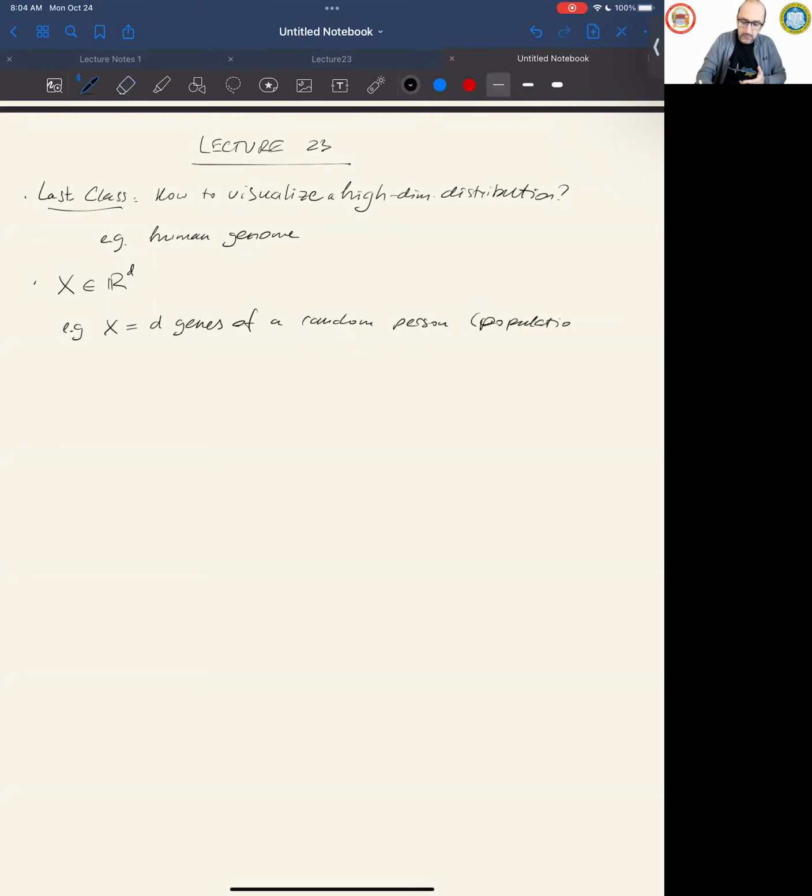So imagine this experiment where you're just drawing some person from the world, from 7 billion people, maybe, and look at the genome. There'll be a random vector in R^d. For simplicity, we assume that the expected value is 0. Otherwise, we just shift the vector, subtract the expectation if needed.